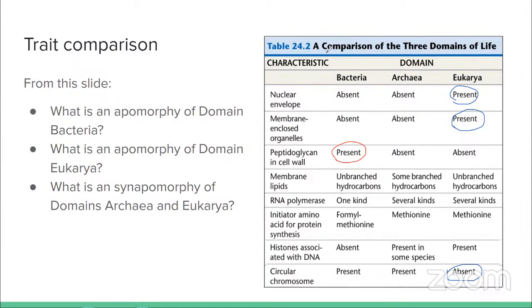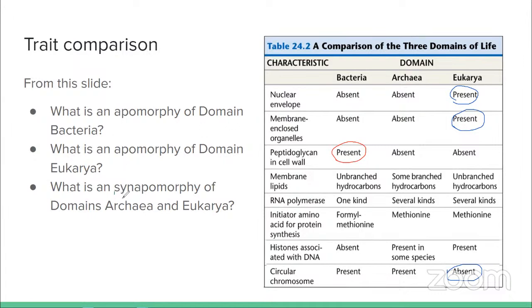Okay. So let's take a look then at the synapomorphy. So remind me what synapomorphy is. If an apomorphy is a derived trait, a synapomorphy is going to be the derived character shared by a group. Yeah.